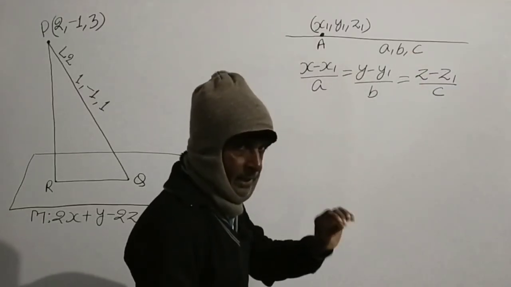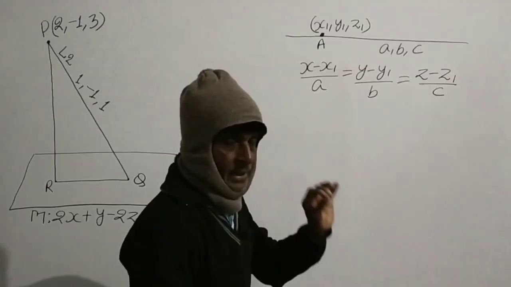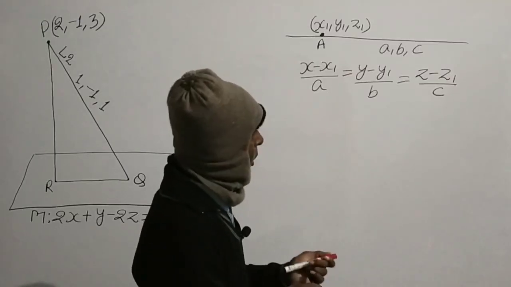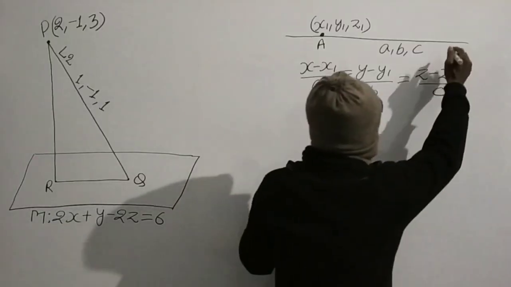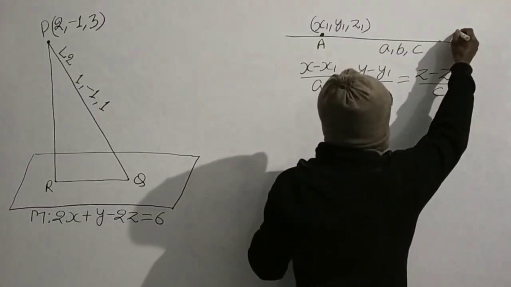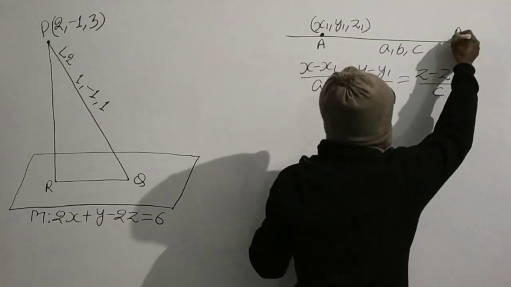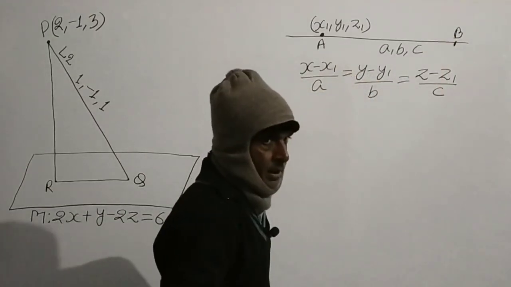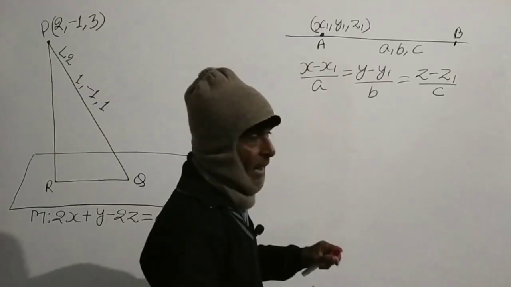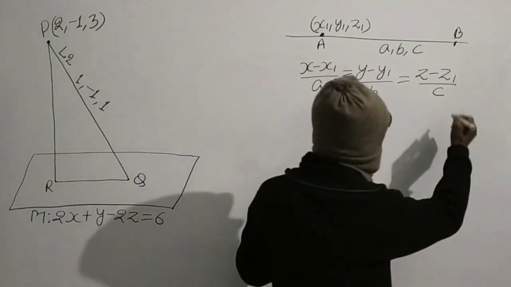If we want to write coordinate of any point on this line, suppose we want to find the coordinate of point B lying on this line, then coordinate of any point lying on this line can be written like this.